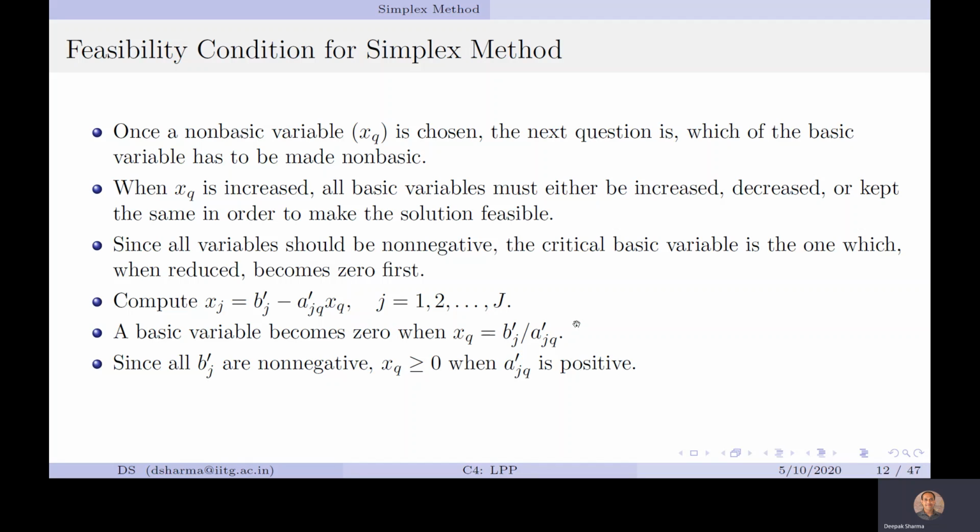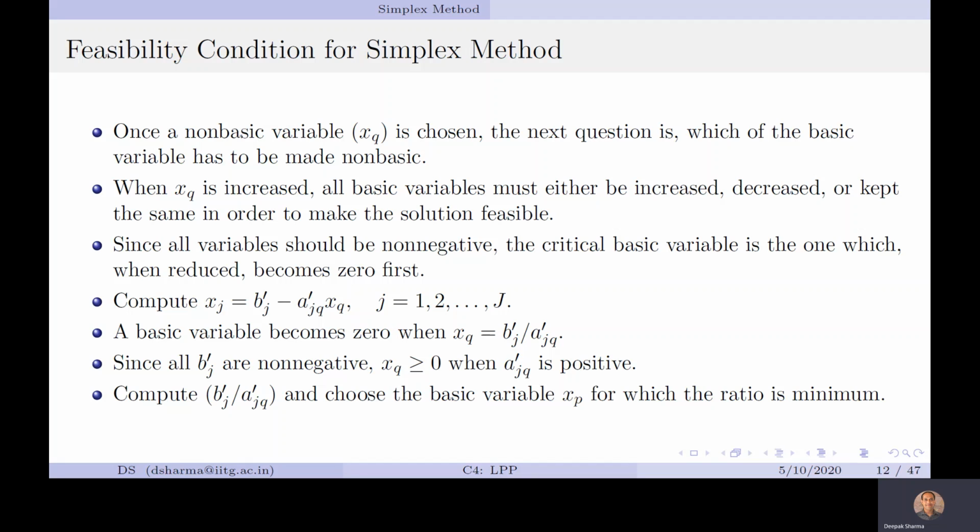Now, if we look at this xq equation, we know that bj prime is non-negative. We also know that xq should be non-negative. Then a prime jq should also be positive, since non-negative includes 0. Otherwise, it will take an infinite value.